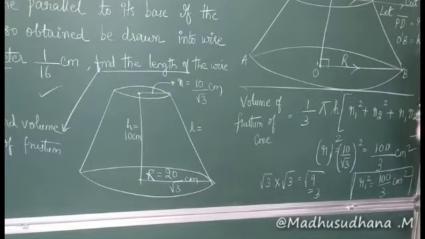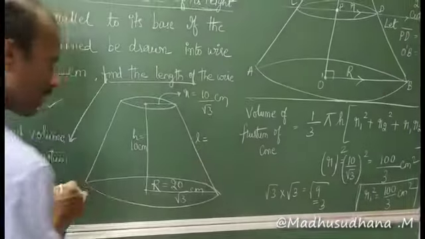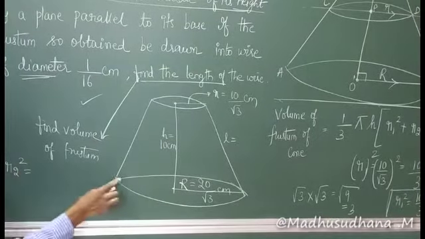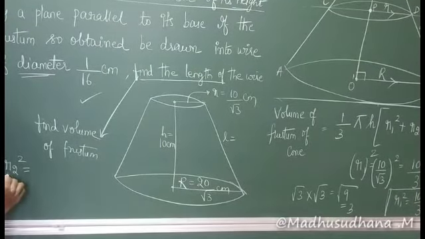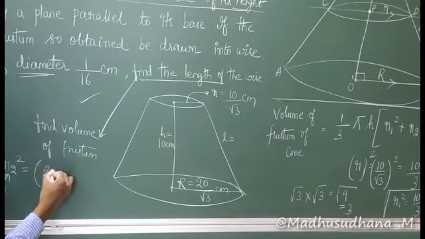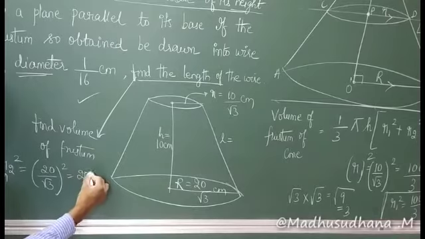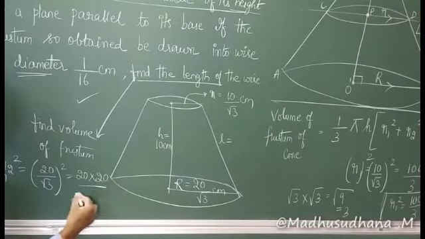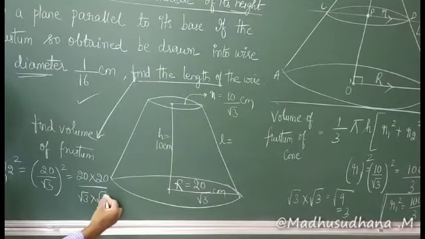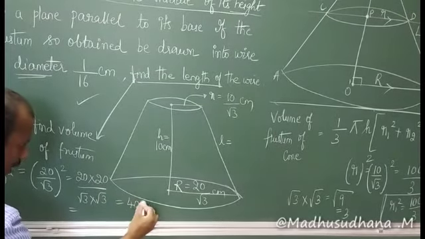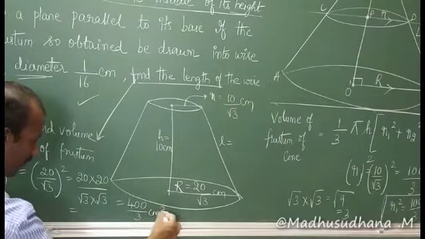Similarly, what will be my r2 square? R2 is nothing but capital R in this case. So this is 20 by root 3 whole square, which is 400 by 3 centimeters square.